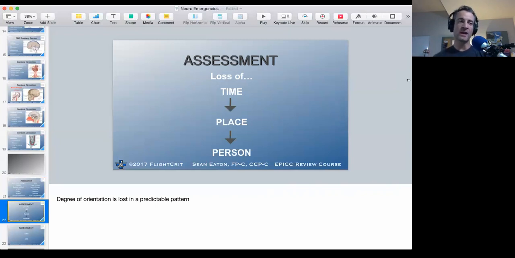So when asking somebody person, place, and time, what's your name? Do you know this person standing next to you, your spouse? Do you know where you are? Do you know what time it is? Do you know what date it is? By asking in that order, what we're essentially doing is coming up with an idea of how severe their handicap, their injury, their condition is.